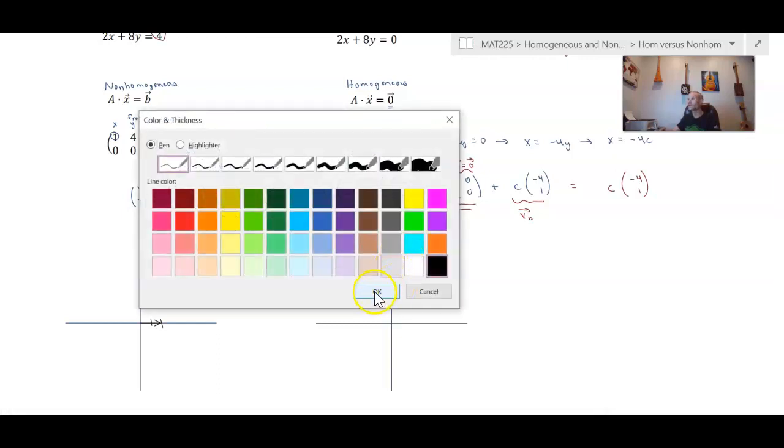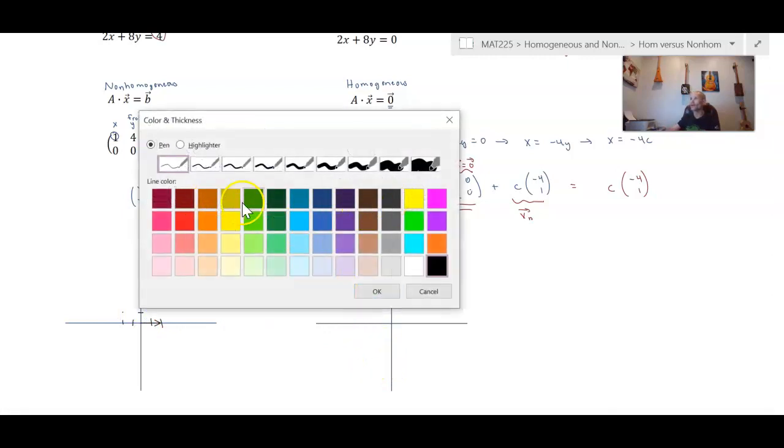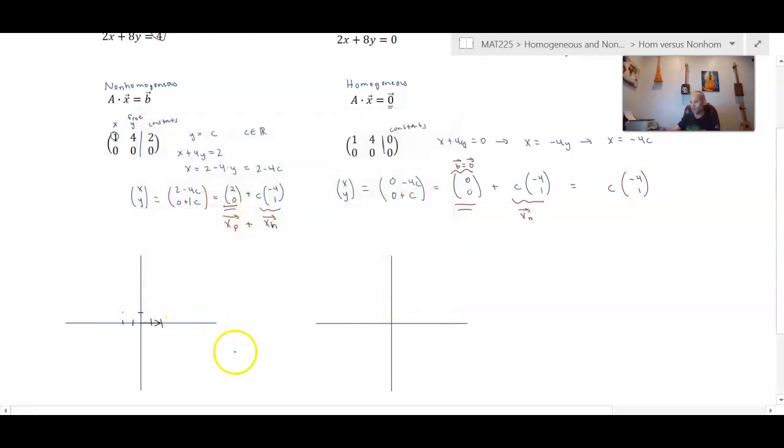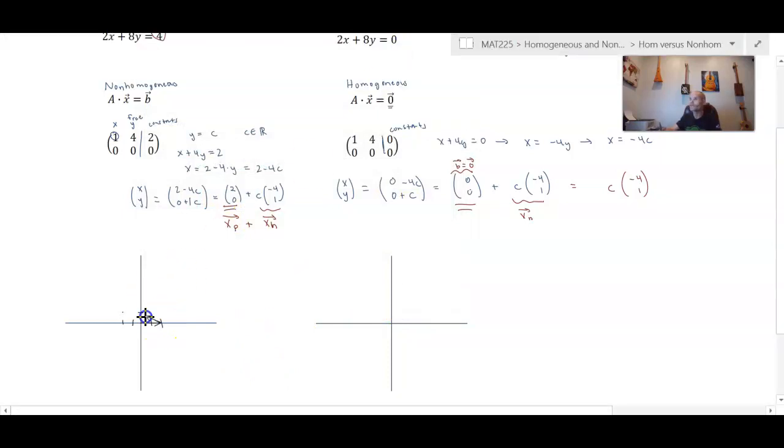Plus some multiple of negative 4, 1. Well, negative 4, 1 is a vector that points 4 units to the left and up 1 unit. So it would be a vector that points somewhere along this line right there.